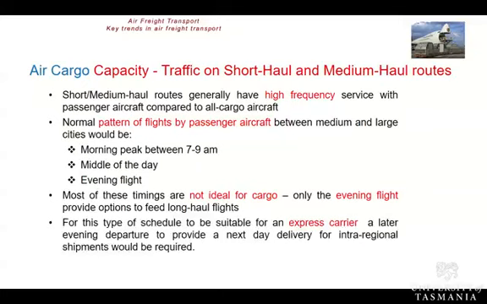For a schedule really to work in favour of, say, an express carrier, you'd have a later evening departure which presents an opportunity for next day delivery.